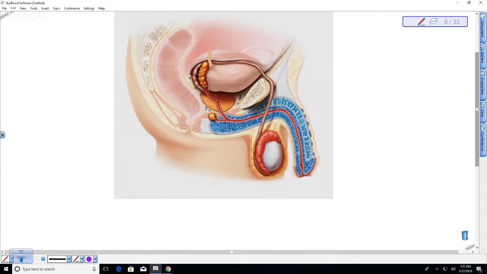Okay, so this would be the scrotal sac. This is the testis, which is singular for testes. This right here is my epididymis, that structure that kind of looks like a C surrounding. And then this tubule right here is the vas deferens.